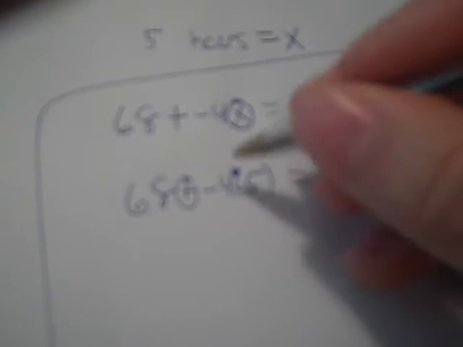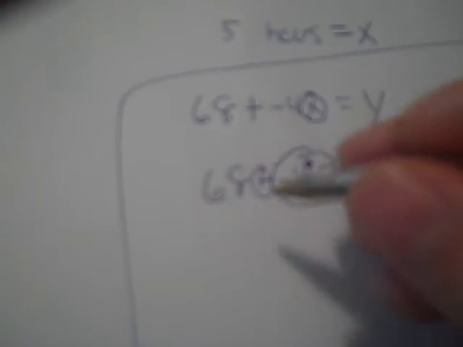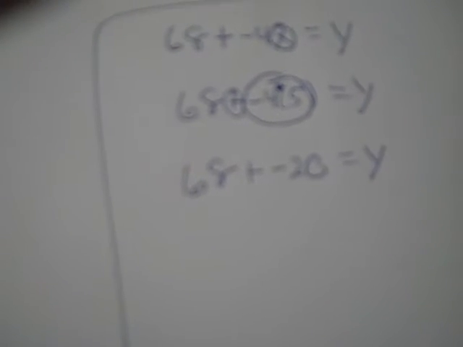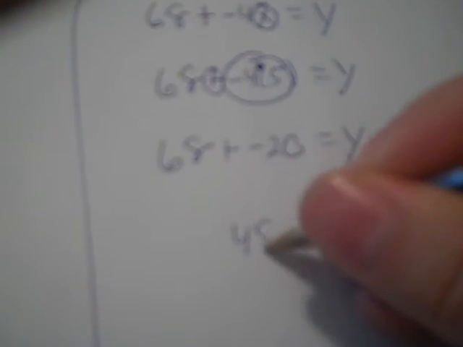Okay, so we always conduct the times first. Okay, so negative 4 times 5 is negative 20. So I drop 68, and then I add negative 20 equals y. Okay, 68 plus negative 20 is 48. So 48 equals y. So the degrees is 48.